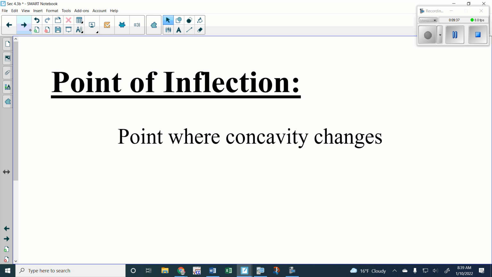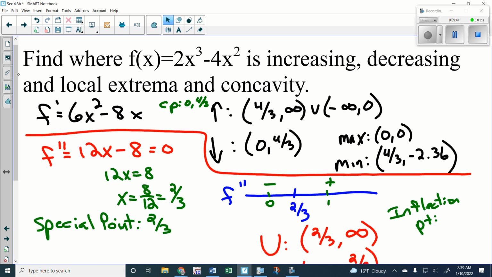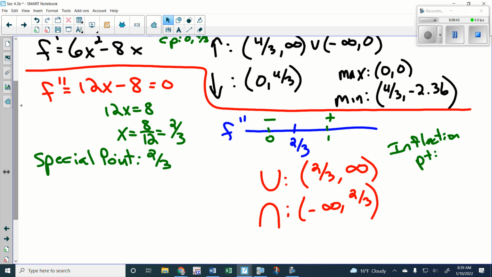So here, our inflection point will be 2/3. Do I plug that back into the second derivative, first derivative, or the original function? Original function, because it's a point on the graph.